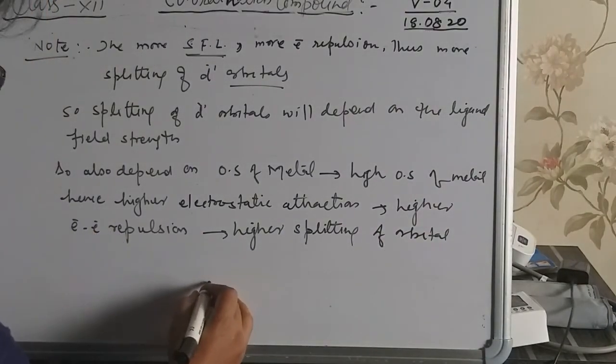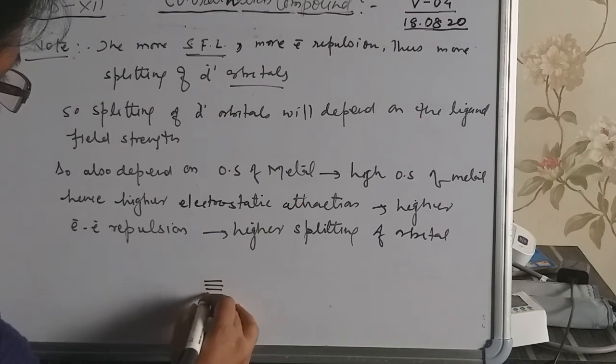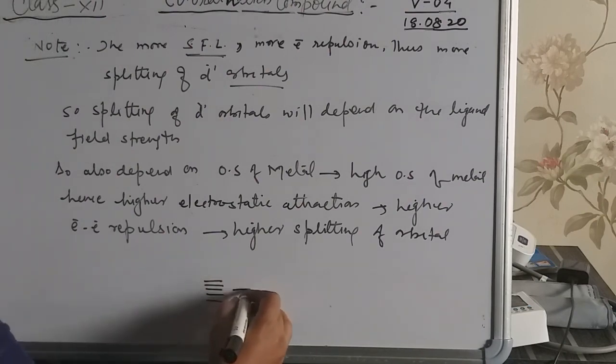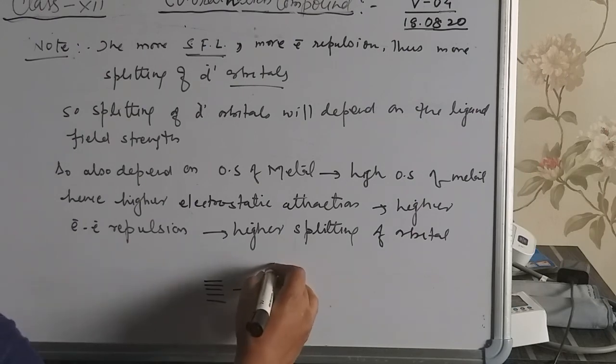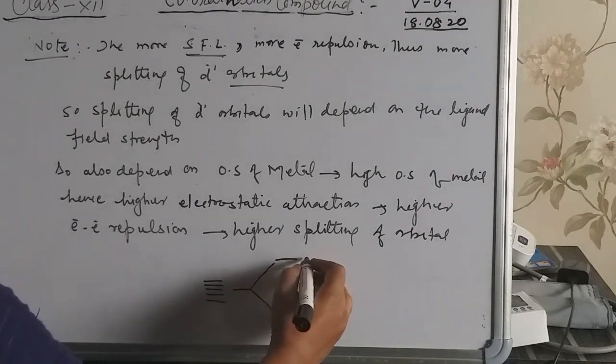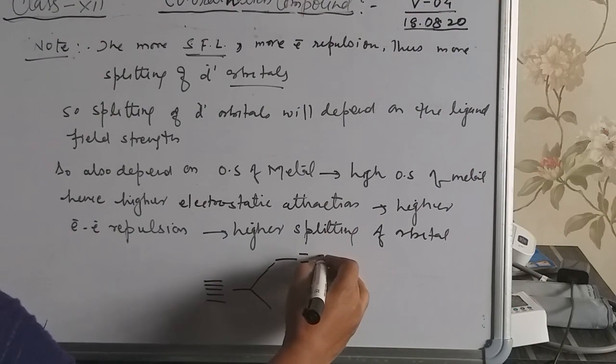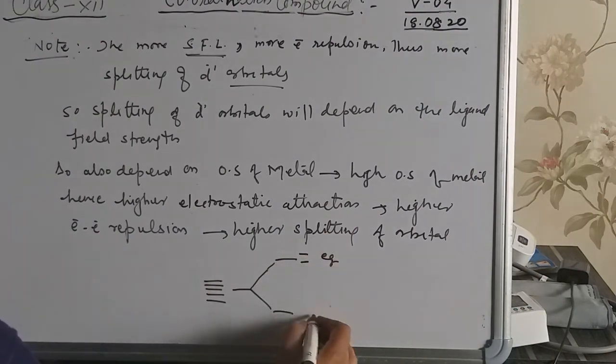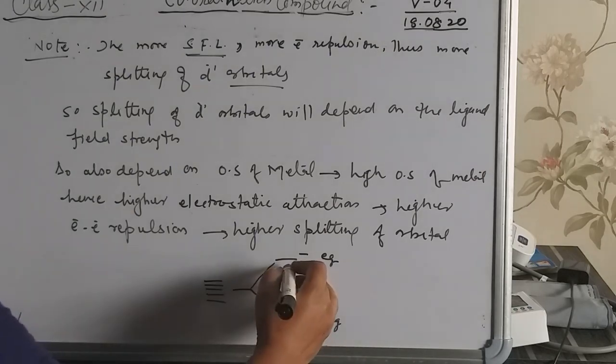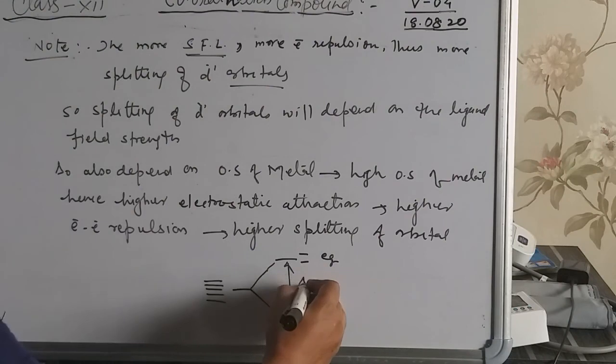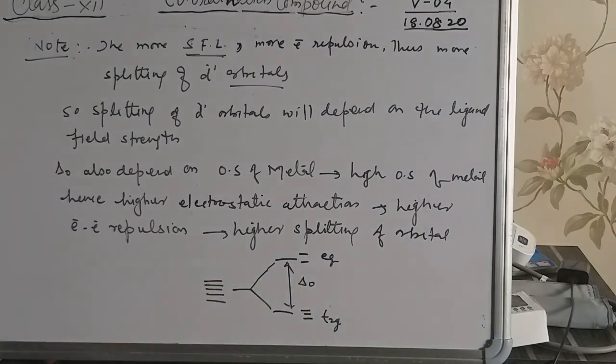Suppose we have 5 degenerate orbitals, 1, 2, 3, 4, 5, and in one case, this is Eg and this is T2g. So here the splitting of the octahedral complex takes place.